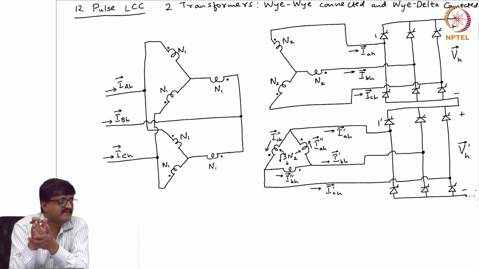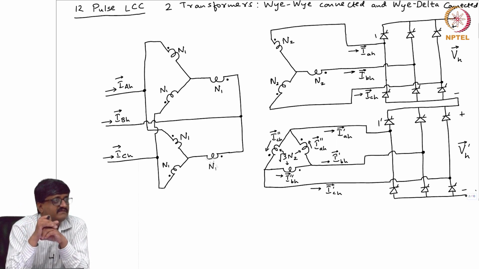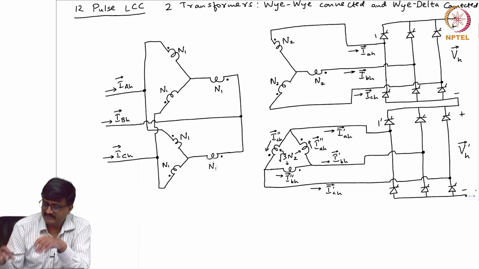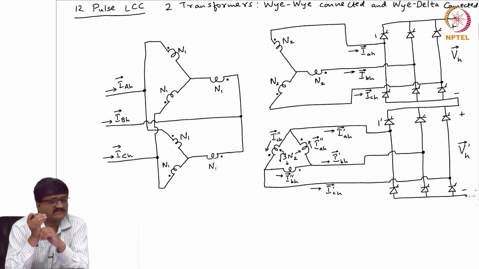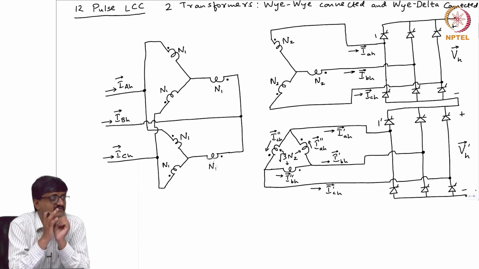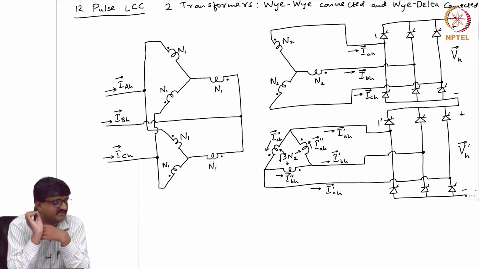It is lagging the voltage which is applied to the first LCC, as we showed just now, by 30 degrees. Now, I want identical operation of the two 6 pulse LCCs. So, if I give identical operation, that means the gate pulse should be at the same instant with respect to the respective 0 crossings.